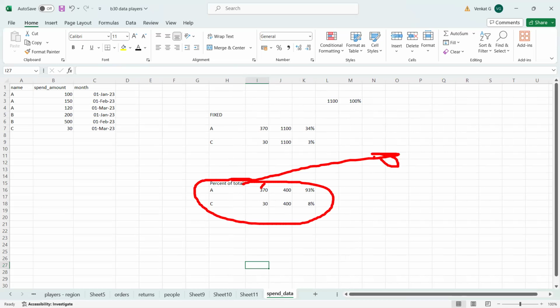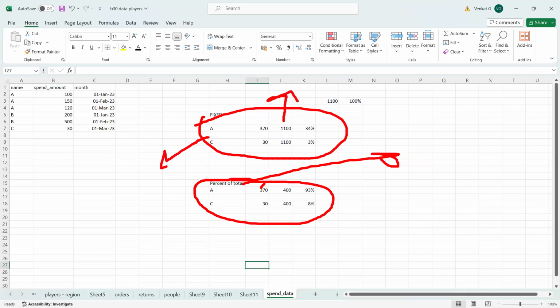But if your user requirement is that even if you remove one person here, the total should be fixed, the denominator should be fixed and should not change, then go for fixed LOD here.